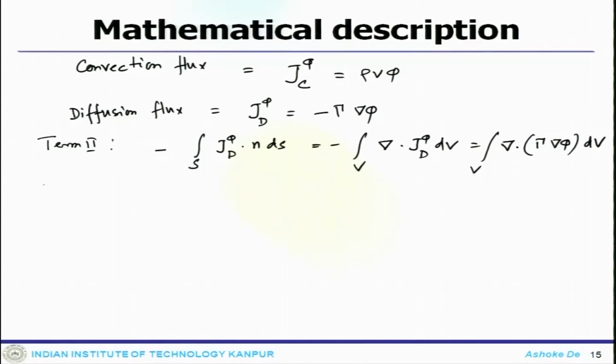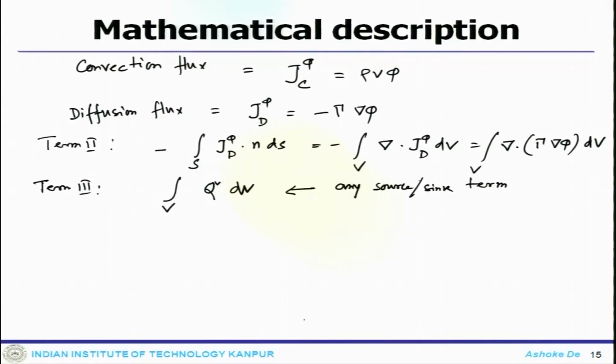Okay. And term 3, which is the source term essentially. So over the control volume you write q dV. So this could be any source or sink term. So it is in the general notation.